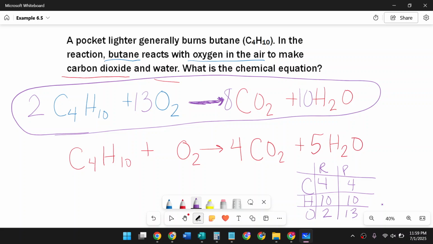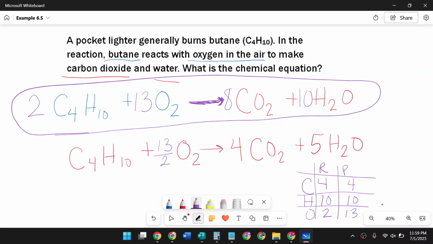Instead, another way to do it is to think, what could I multiply 2 by to get the 13? Well, if I multiplied by 13 and then divided by 2, I would have 13 over 2 times 2 is just plain 13, which is what I want. And so that would work.